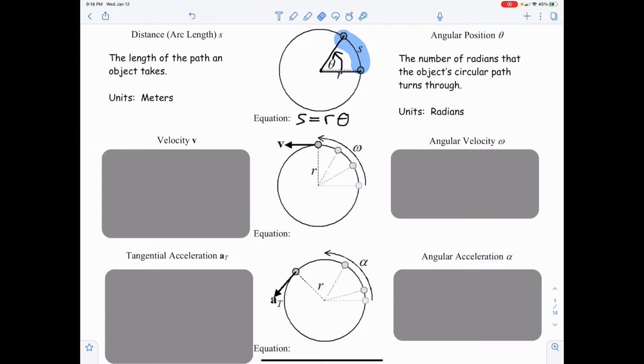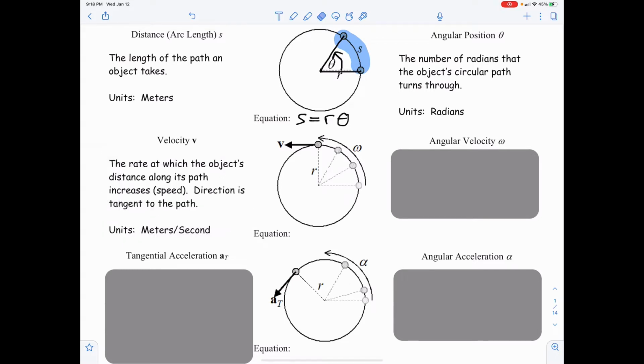Now, translational velocity or linear velocity is the rate at which an object's distance along its path increases. The direction is always tangent to the path. So you can see the object at several points along the arc.